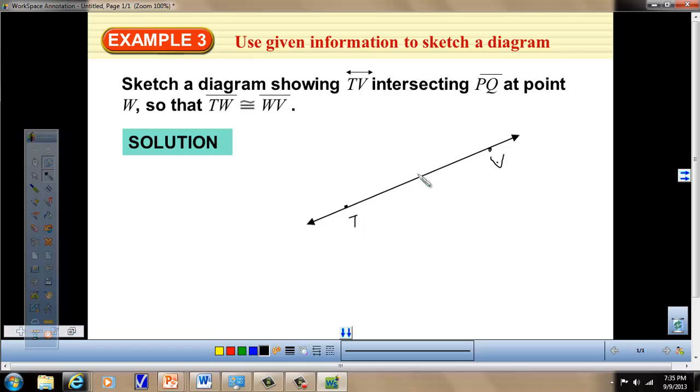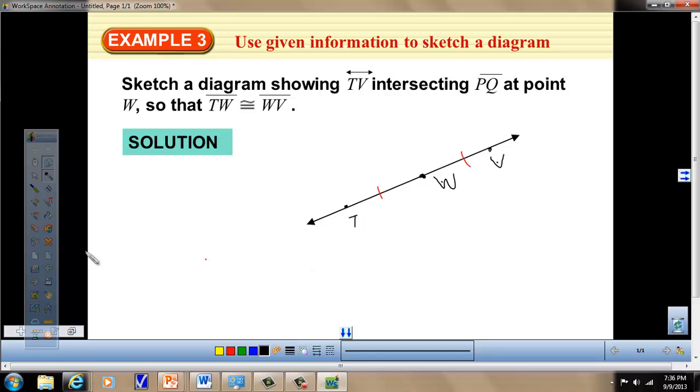So that means that it looks like both of these have W in them. So we would put a W here. And TW and VW have to be equal, so we would put our tick marks here to show that they're equal. Let me erase that, move that out of the way. So we'll put a W right here.